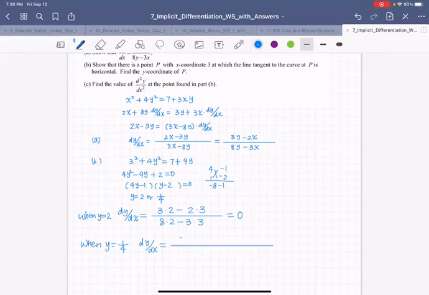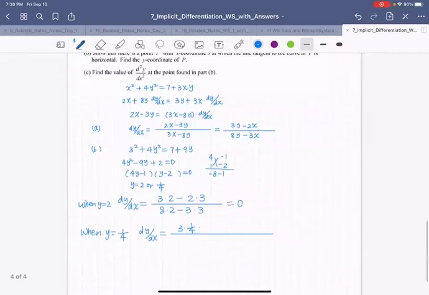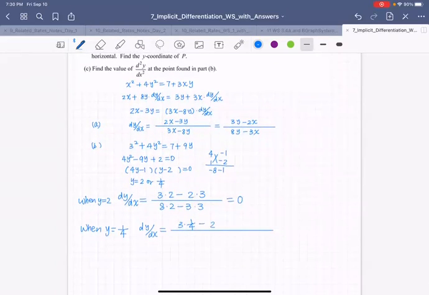Three times 1/4 minus 2 times 3. This is not equal to 0, right? So if this is not equal to 0, then this is not the horizontal tangent line, right?